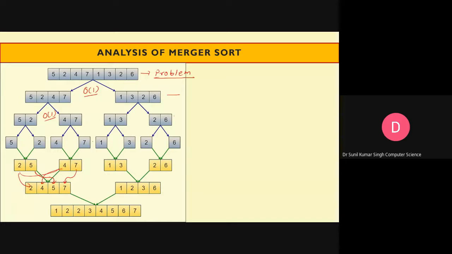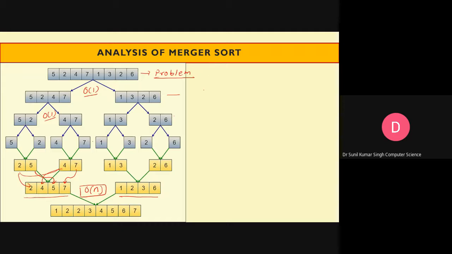So you can see combining these sub lists of elements takes some time. Similarly, these are the sub lists, and we are going to combine again. So its combining cost is, if the total number of elements is n, going to be order of n.